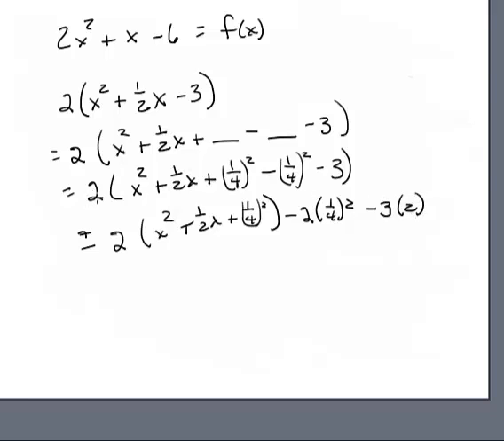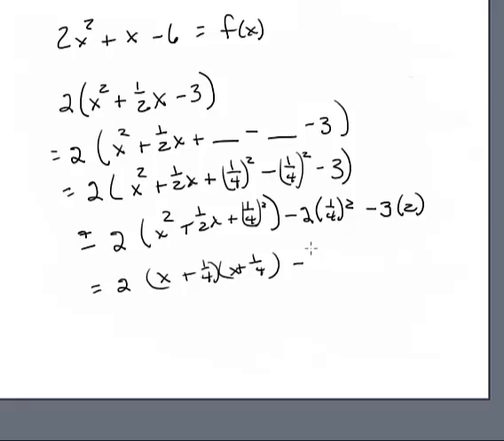This 2 on the outside is multiplied by negative 1/4 squared and it's multiplied by negative 3. So I have a 2 in both of these. So this is 2, and make parentheses, (x plus 1/4) squared. It turns out that 1/4 times 1/4 is 1/4 squared, and 1/4 x outside plus 1/4 x inside, 1/4 and 1/4 is 1/2.